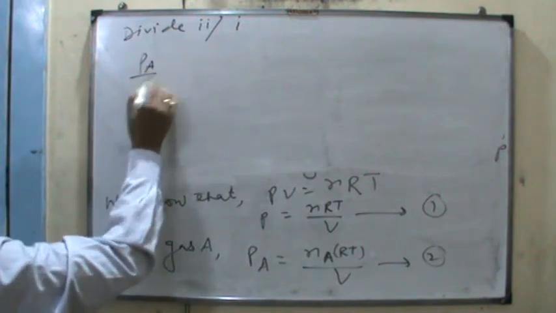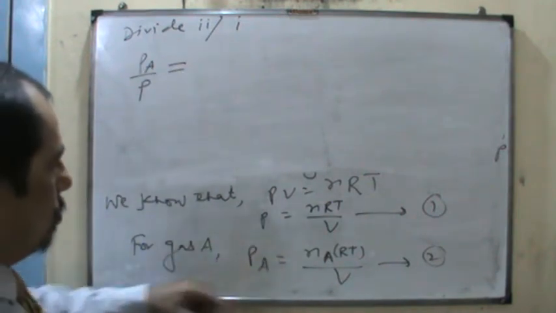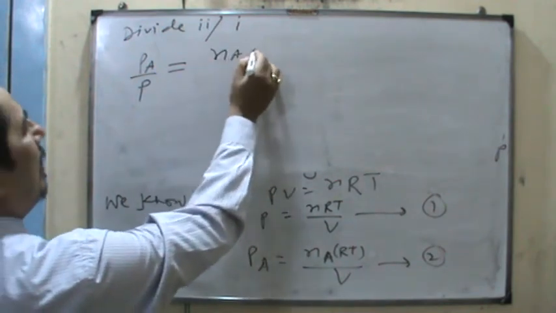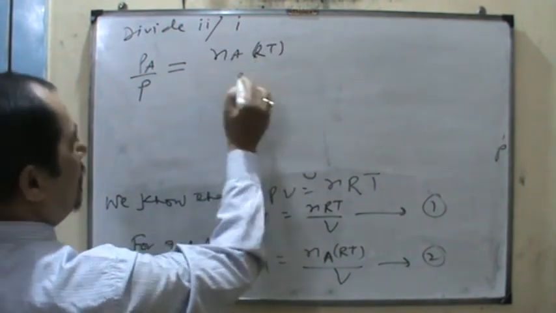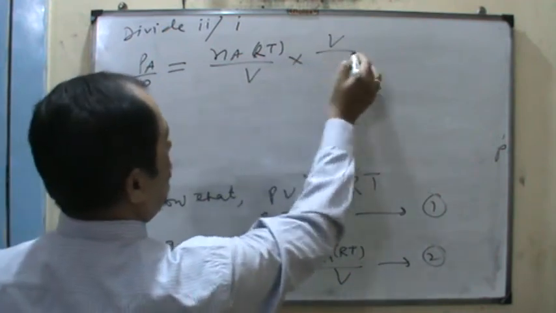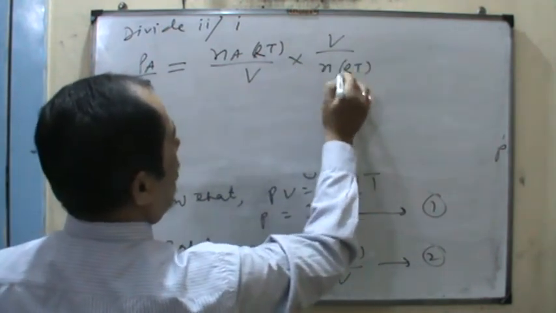Pa upon P equals nA RT upon V into V upon nRT.